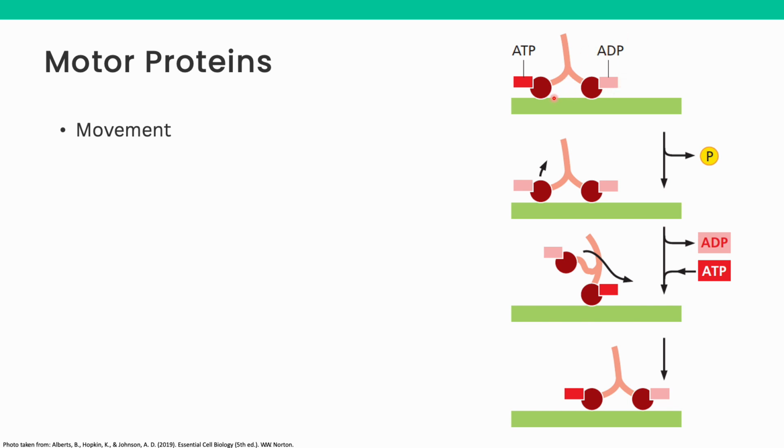In order for the back head to move, it has to first hydrolyze the ATP and convert it into ADP. And don't forget that our motor proteins have an intrinsic ATPase activity. So once the ATP has been converted into ADP, this back head can now release from the microtubule, and now it has to rely on the forward head in order to move forward.